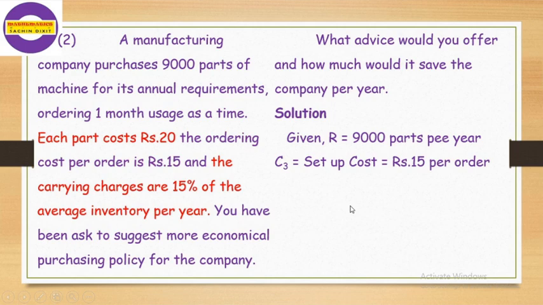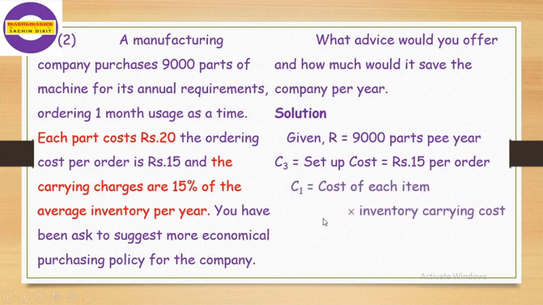Also observe the other two terms which give the holding cost. Each part costs rupees 20 and the carrying charges are 50% of the average inventory per year. So holding cost C1 is again given by cost of each item multiplied by inventory carrying cost. Now put the values.